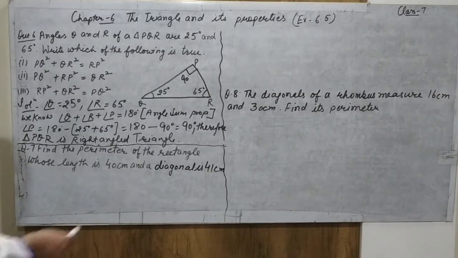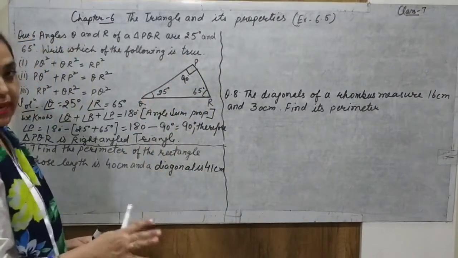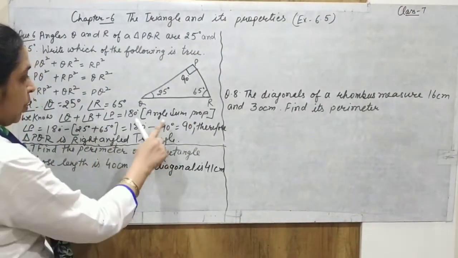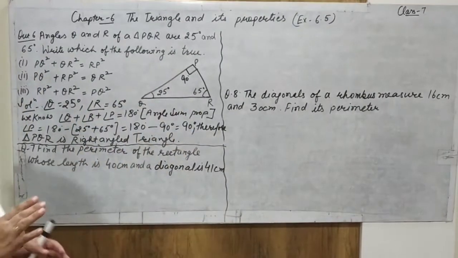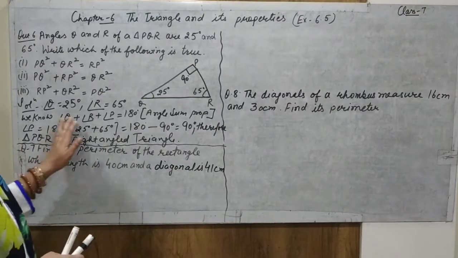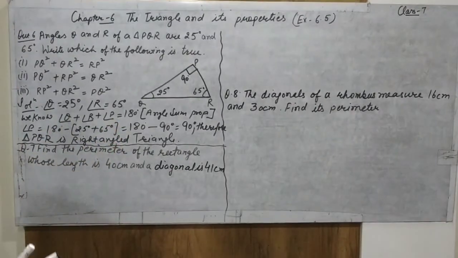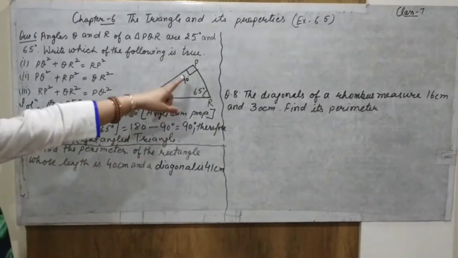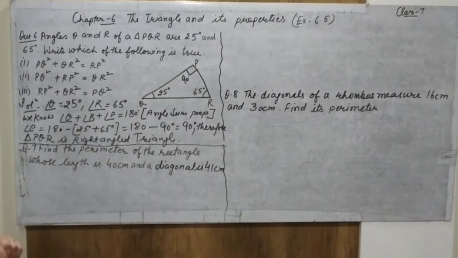Now what do we get from all these angles? Two angles were given. We found the third angle with the help of the angle sum property, that the sum of three angles of a triangle is equal to 180 degree. By solving the equation, we get angle P is equal to 90 degree.